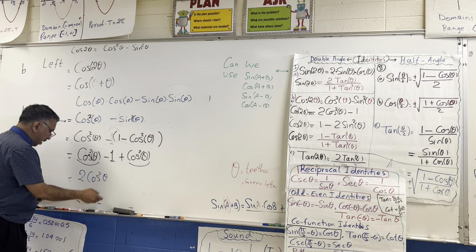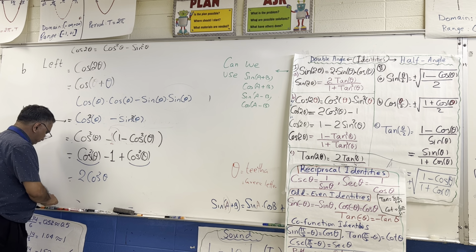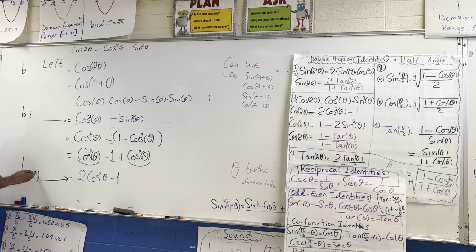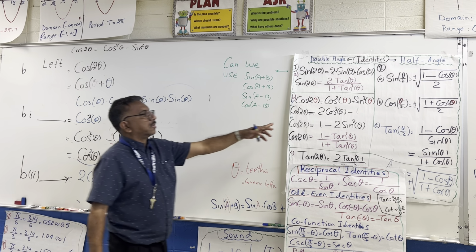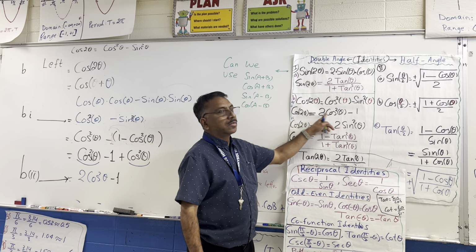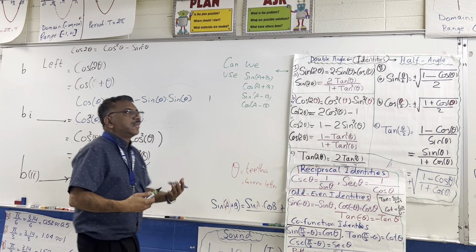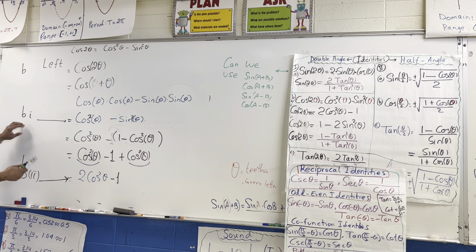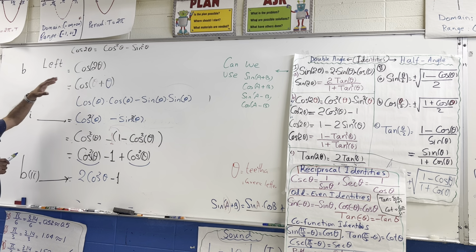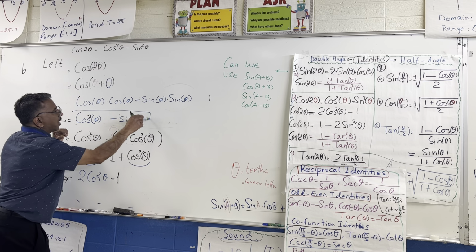And this -1 stays -1. And that is nothing but B2. So the second formula, this part, B2. We can always write the same thing in different ways, and this could be one of the answers.